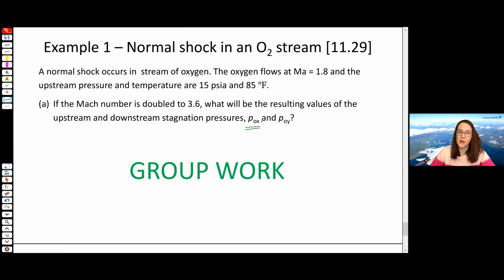It's 2:10 now, so we'll just work individually, not in groups, and go ahead and flip back to table D.I in your book and see if you can come up with a value for the stagnation pressure upstream of the shock if everything's the same, but now the Mach number is 3.6 instead of 1.8. And we'll check in 2 minutes.